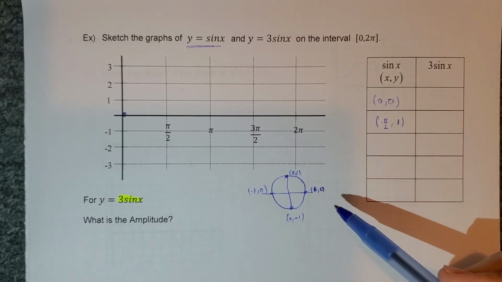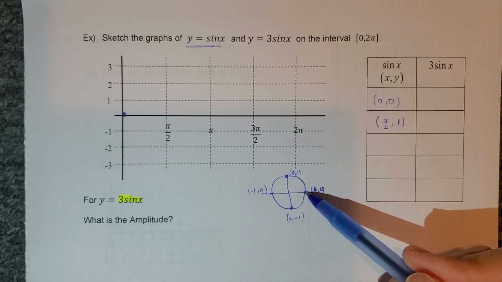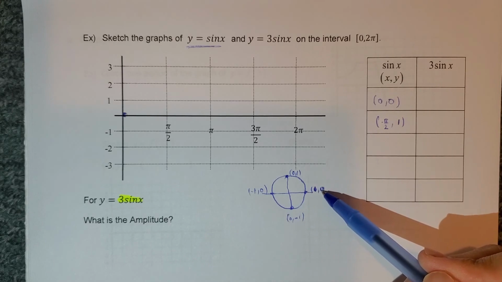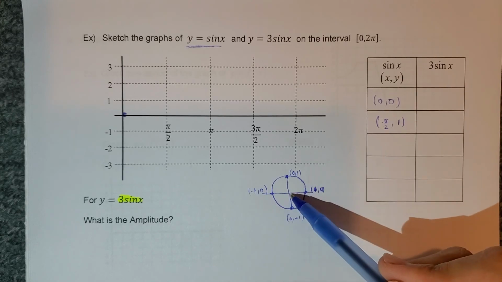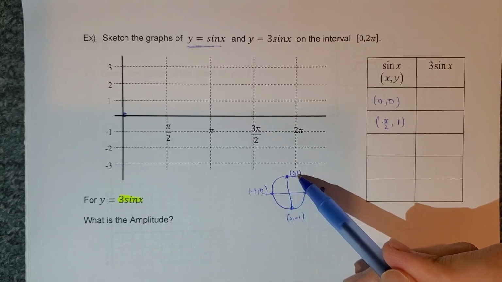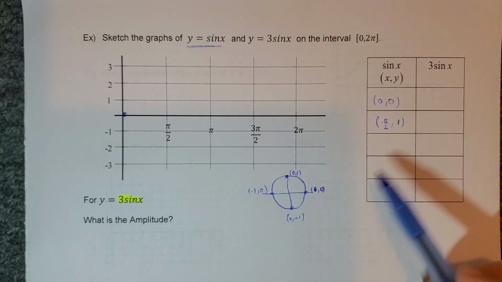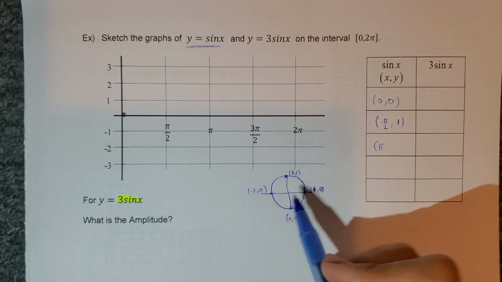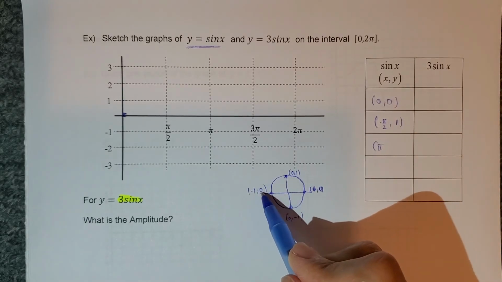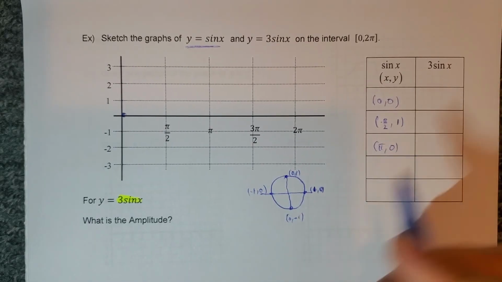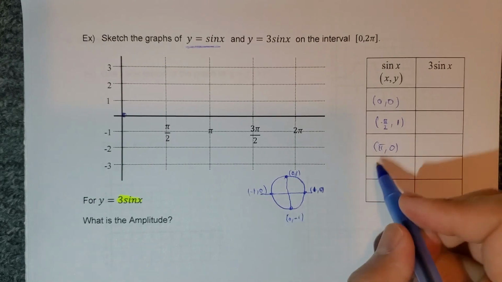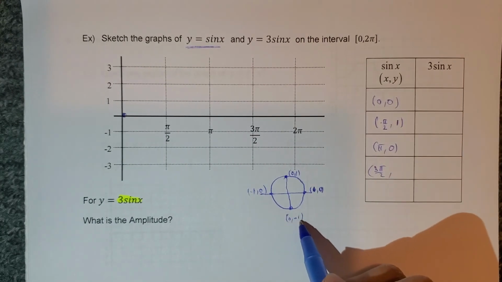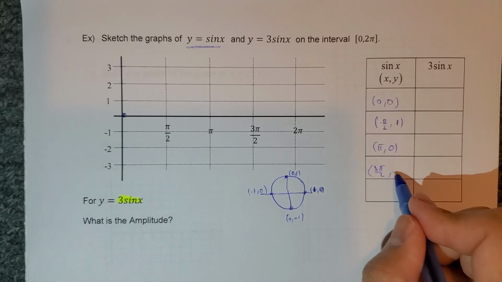So at angle 0, your sine is going to be 0. Again, we focus on the y value only. At pi over 2, your sine is positive 1. At pi, your sine is 0. At 3 pi over 2, your sine is negative 1.